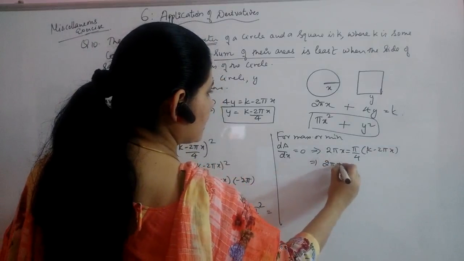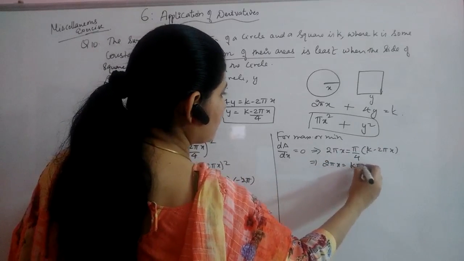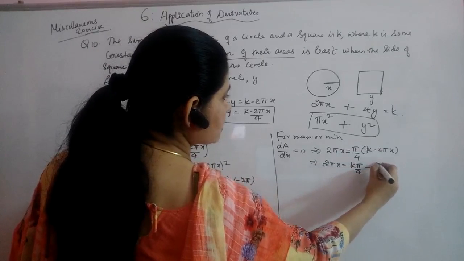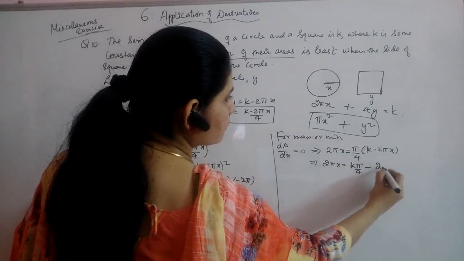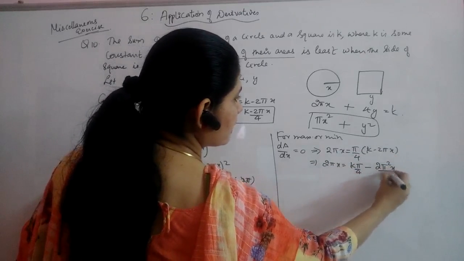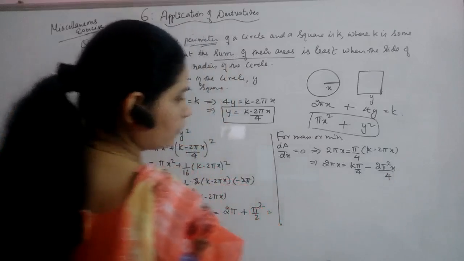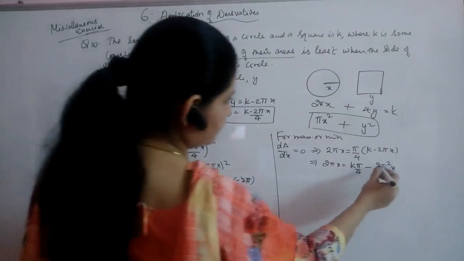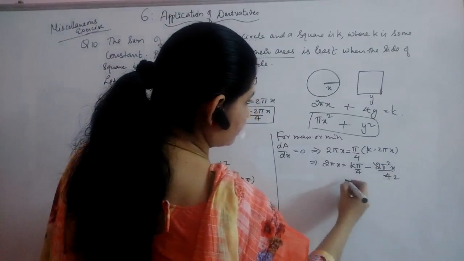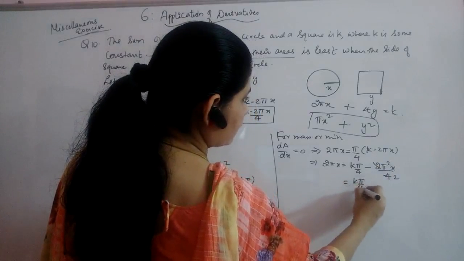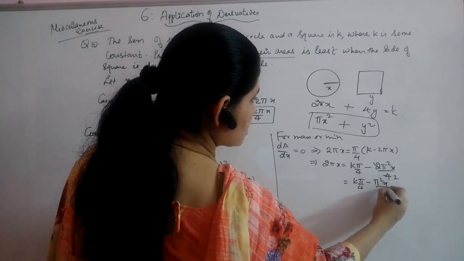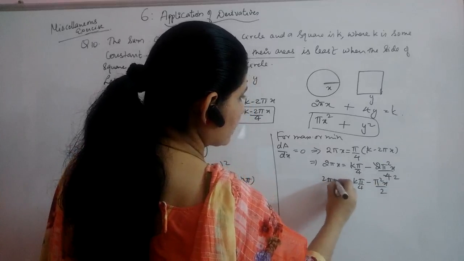Expanding, you'll get 2 pi x is equal to k pi by 4 minus 2 pi square x by 4, k pi by 4 minus pi square x by 2 pi x.